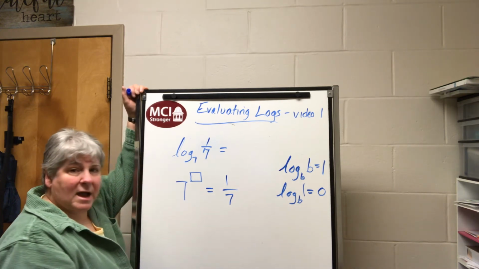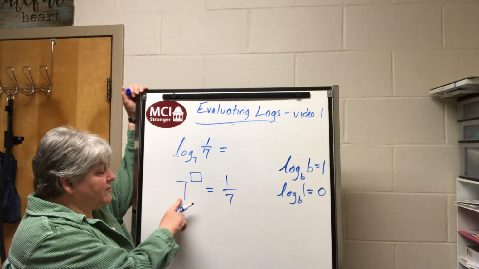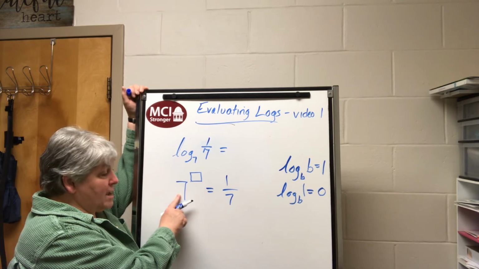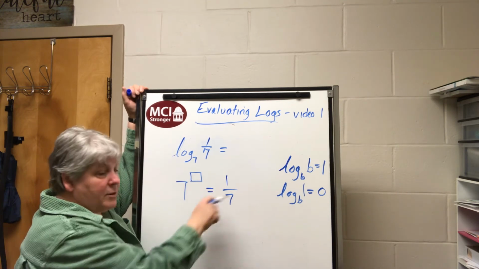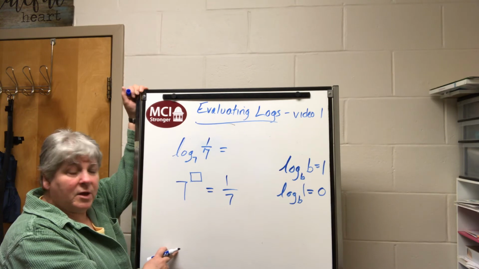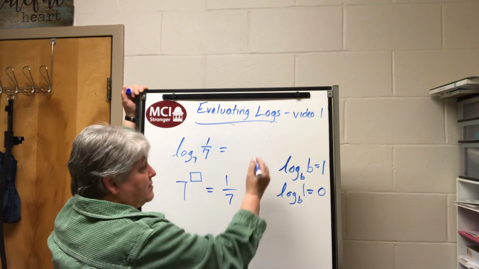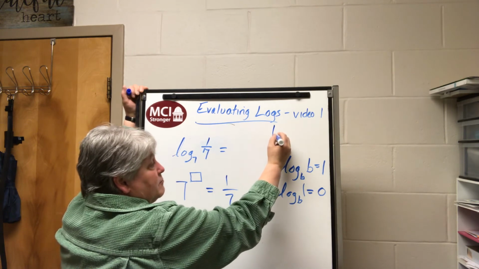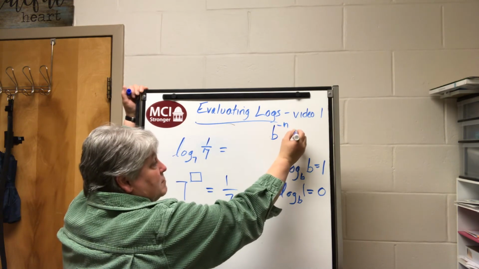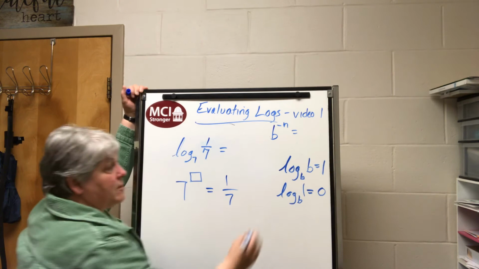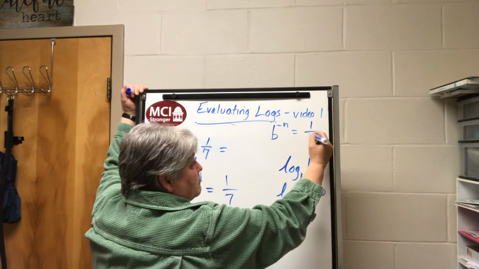Well, do you remember what kind of exponents? We did this in the fall. What kind of exponents we raised things to that put them underneath 1? Do you remember that this is actually not a log fact, it's an exponent fact? B to the negative n means the same thing as 1 over b to the n.